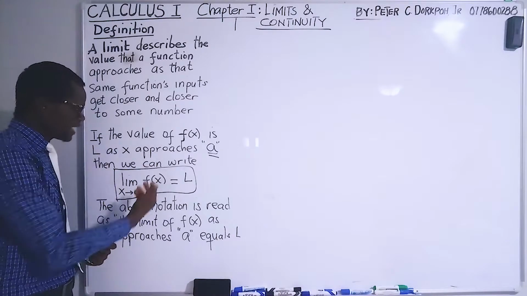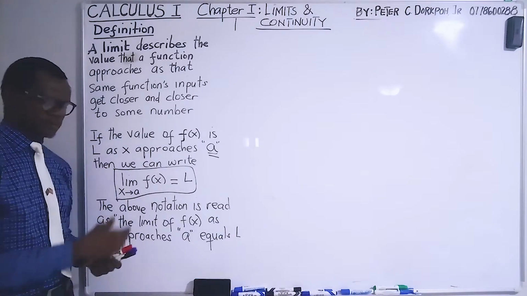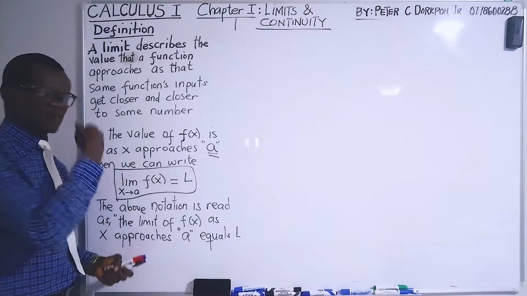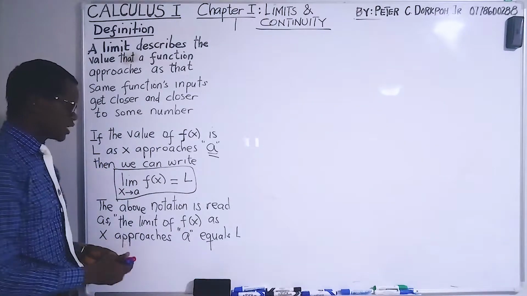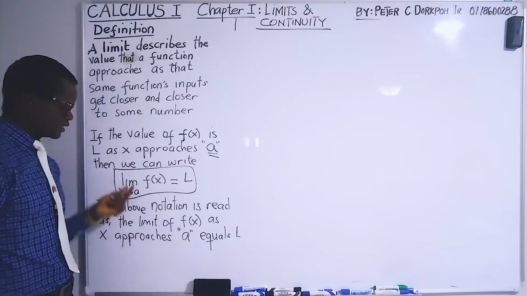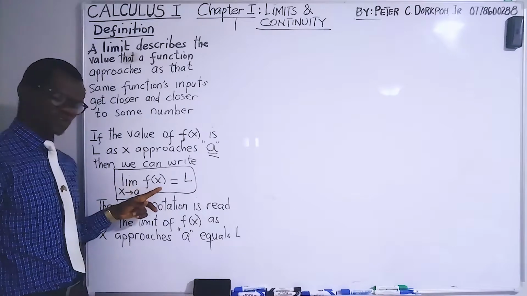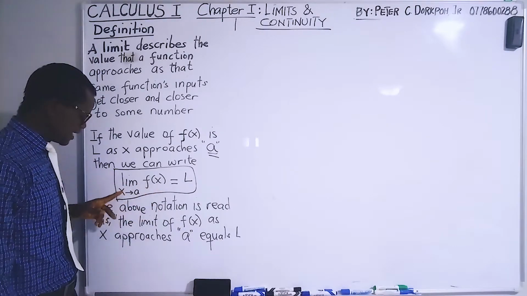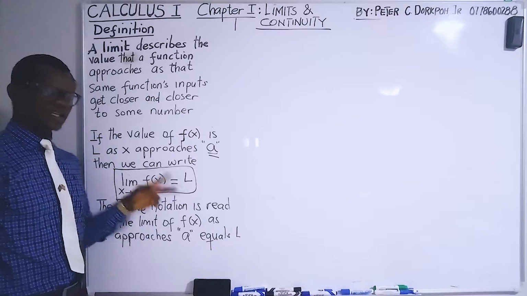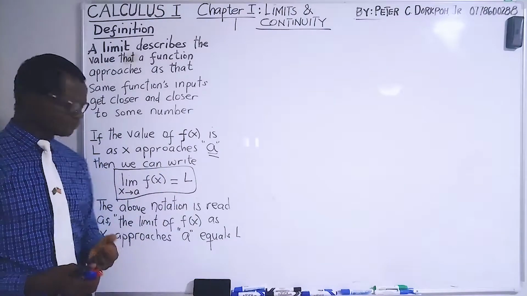We say that if the value of a function is L and x approaches some value A, then we can write it as the limit of f of x as x approaches A equals L.